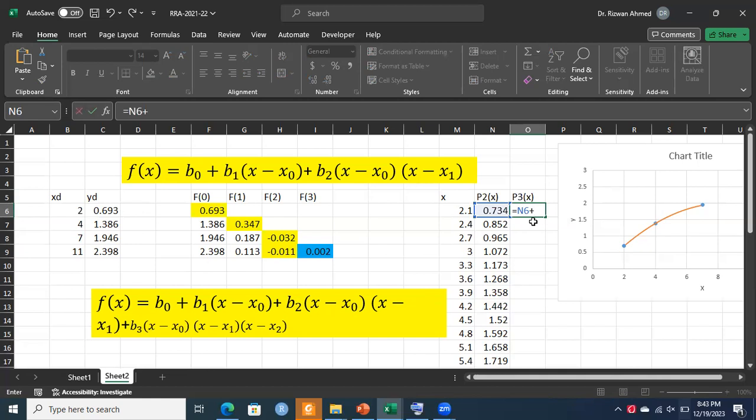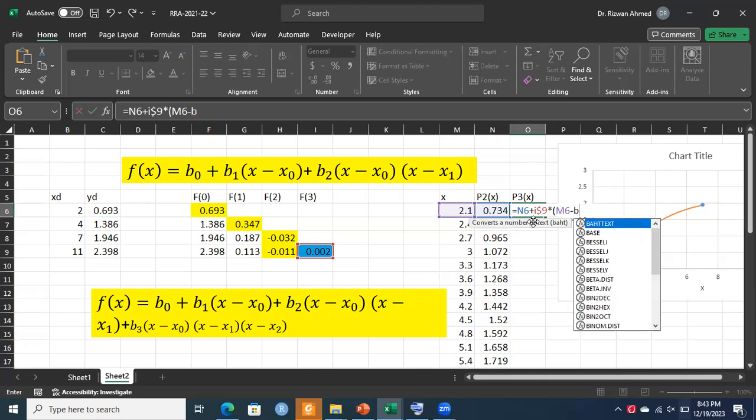So I can pick that one from I$9. So this is B3 times x value at which the interpolated value is required. So x minus x naught.